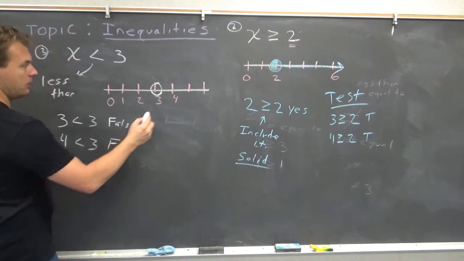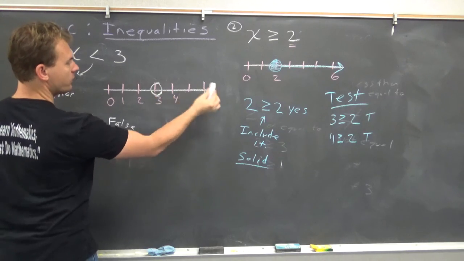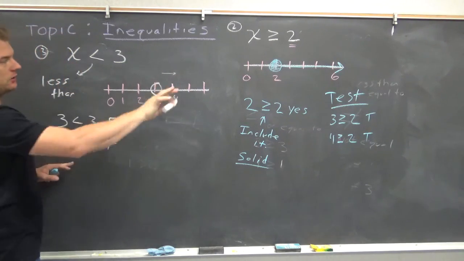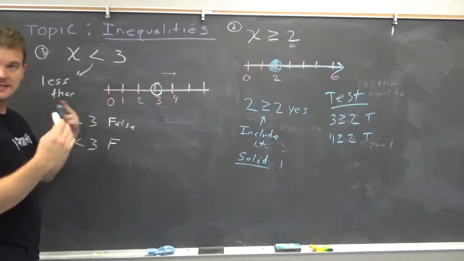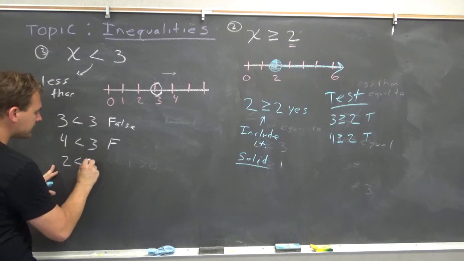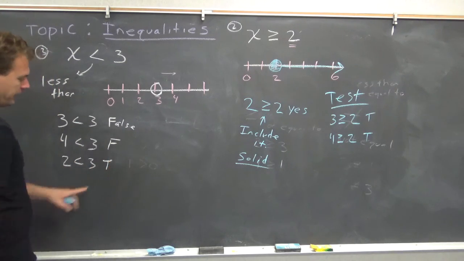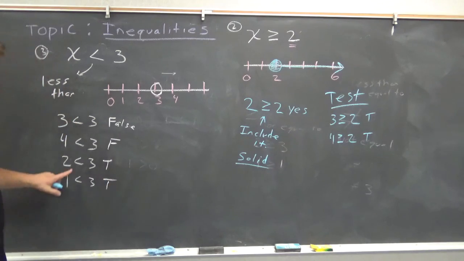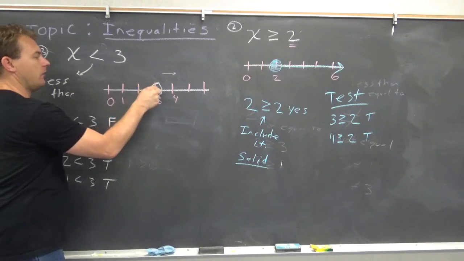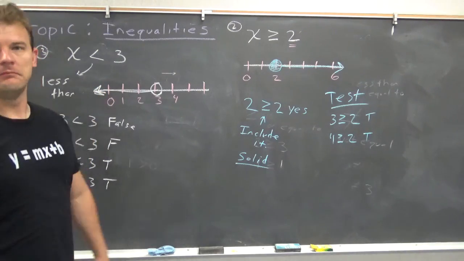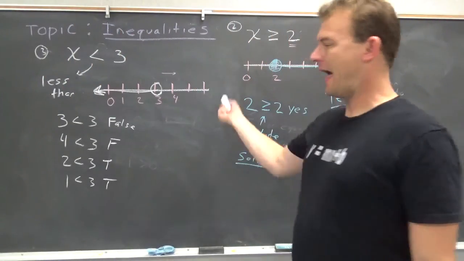False. So going this direction we can't. It doesn't work. Let's test on this side. Is 2 less than 3? We got it. Is 1 less than 3? Yep, got it. So you're actually going to go this way. And that is pretty much what that calls for.